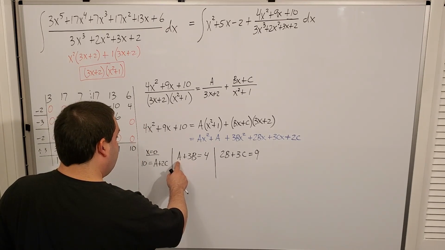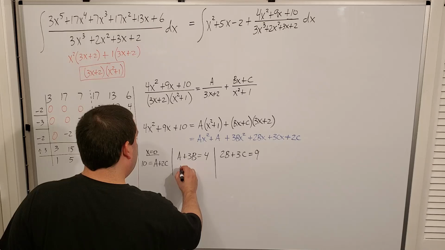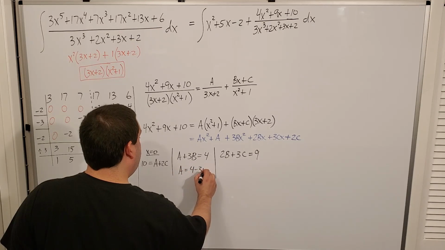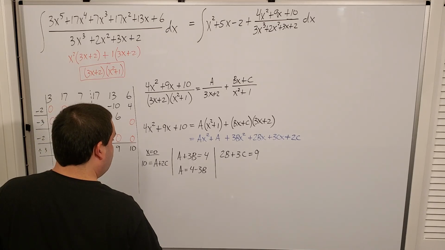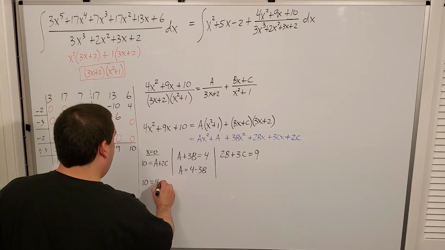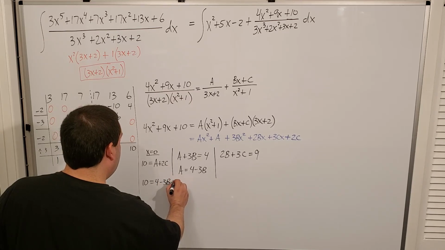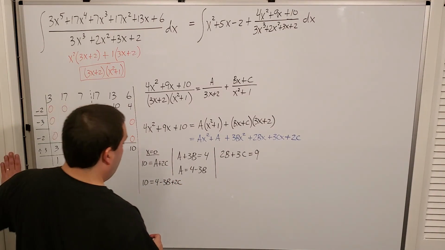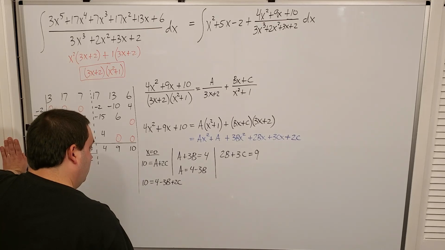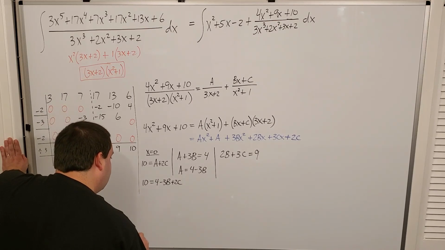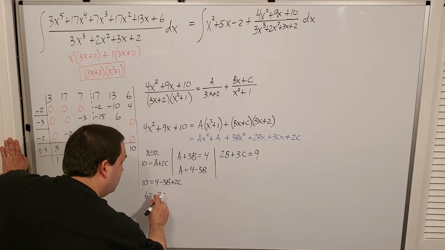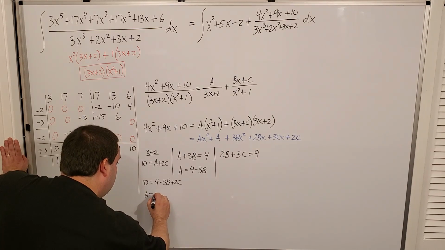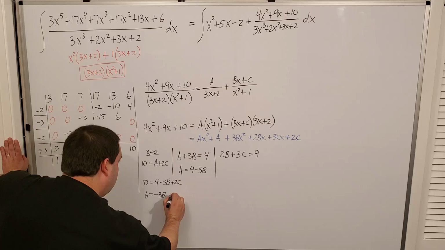So let's see. If I solve for A here, A is equal to 4 minus 3B. And I can plug that one into here. That's going to tell me that 10 is equal to 4 minus 3B plus 2C. So I subtract the 4 from both sides and I get 6 is equal to, well, let me go ahead and put them in order, negative 3B plus 2C.